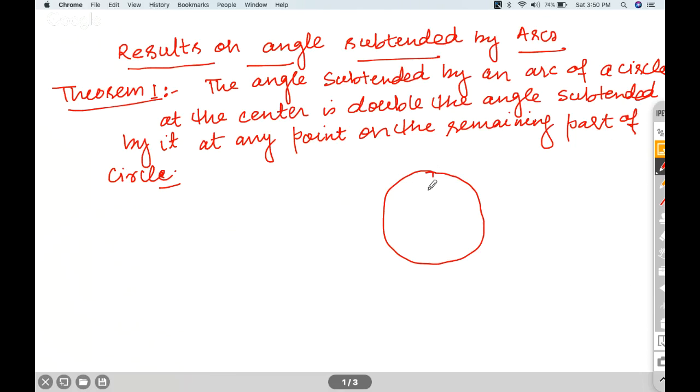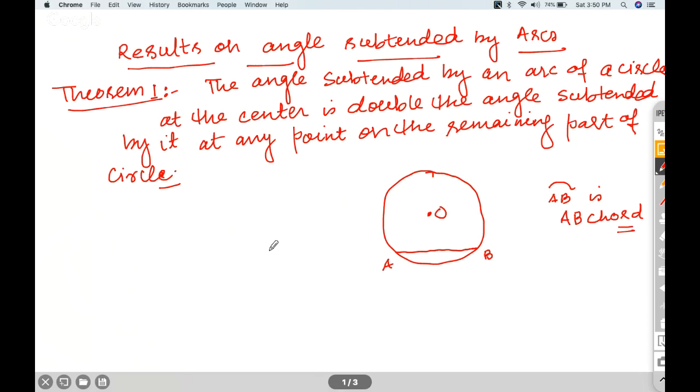I have to prove this, so I'm taking a circle C with the center O and radius R. Now what I'm doing is I'm taking an arc AB. Now arc AB is synonymous with chord AB.